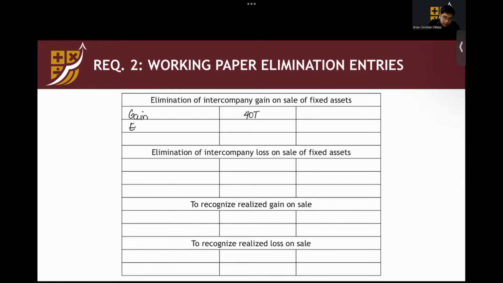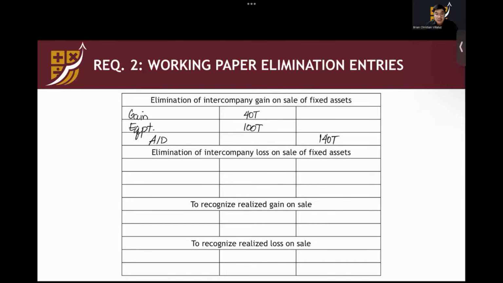So, how much will we debit? In the books of S Company, how much is the equipment? 100,000. And how much is the historical cost? 200,000. So, we need to add 100,000 to equipment. Okay? So that it returns to the historical cost of 200,000 and re-establish the accumulated depreciation amounting to 140,000.